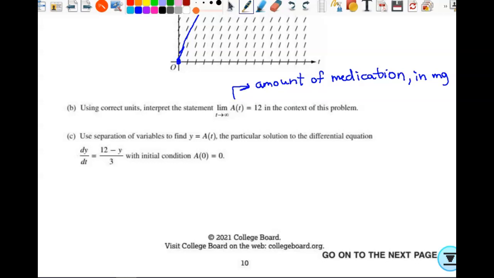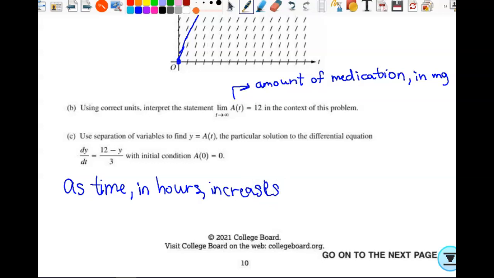I have this in case you have questions. So what is this, guys? We're taking the limit as t goes to infinity. So we're talking about as time increases, and we can say in hours, just to make sure, units wise. As time in hours increases, what's happening with A?